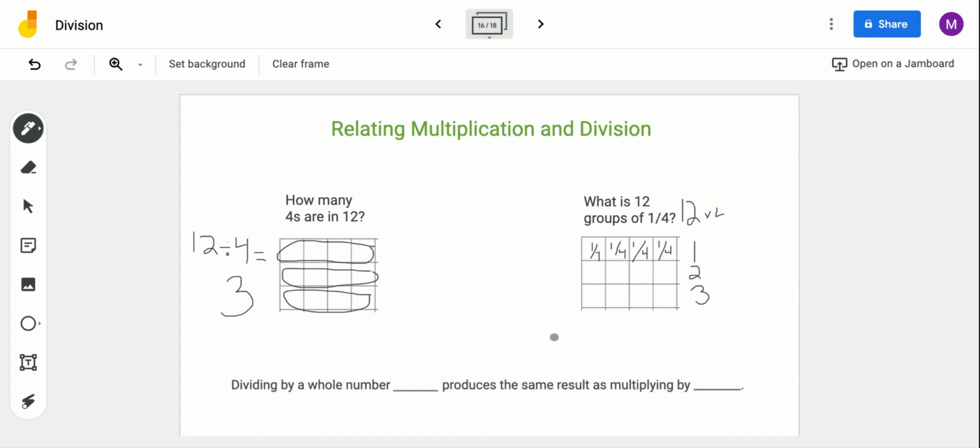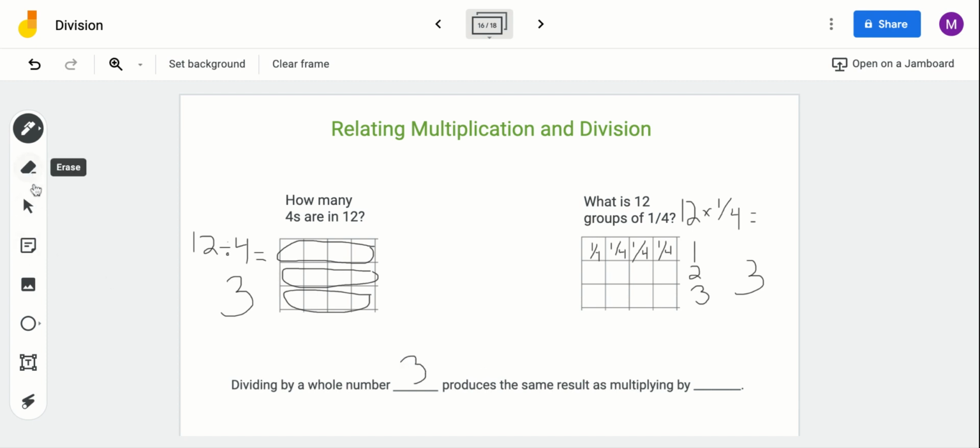Oops, let me fix that. 12 groups with 1/4 in each group. That equals 3 again. So dividing by the whole number 3, oops, not 3.